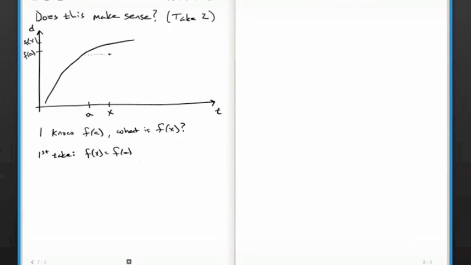So this becomes my first attempt. Right. Well, I think we can make a better attempt than that, and I'm going to say that this is 1.